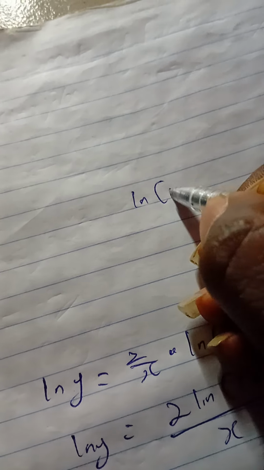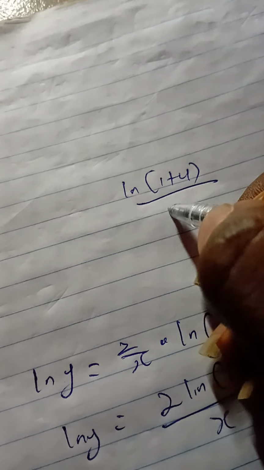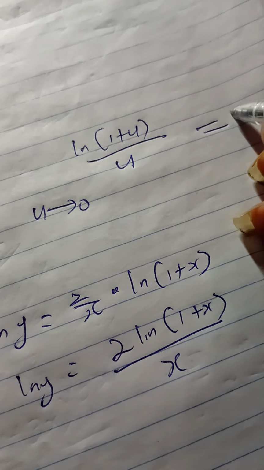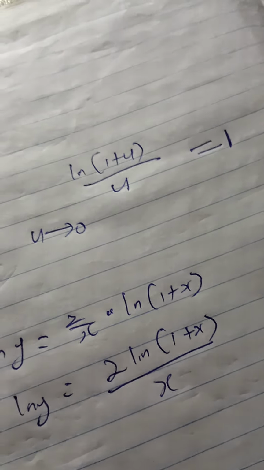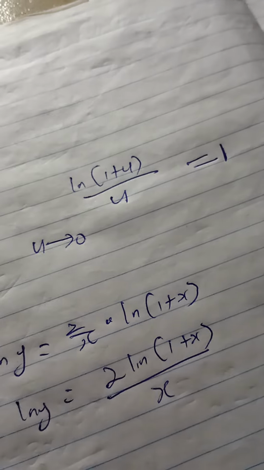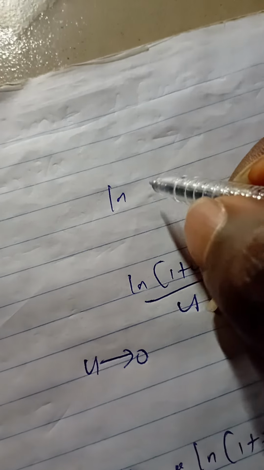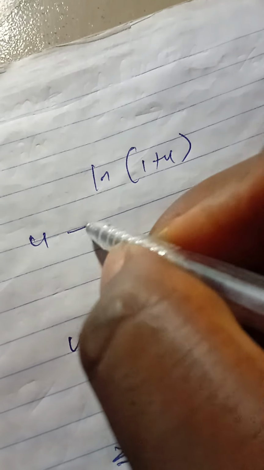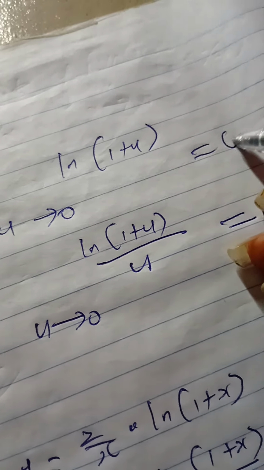We also have another standard limit that says ln(1 + u) over u as u tends to 0 equals 1. It's also a standard limit. Let me also give you another standard limit. ln(1 + u) alone as u tends to 0 equals u.